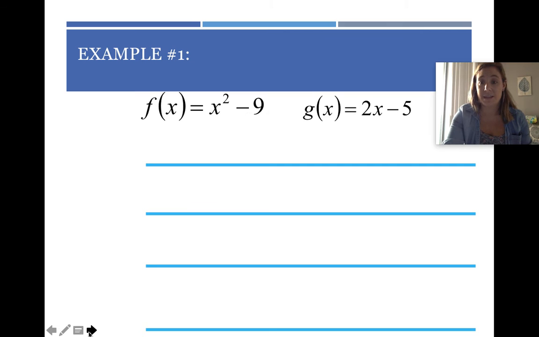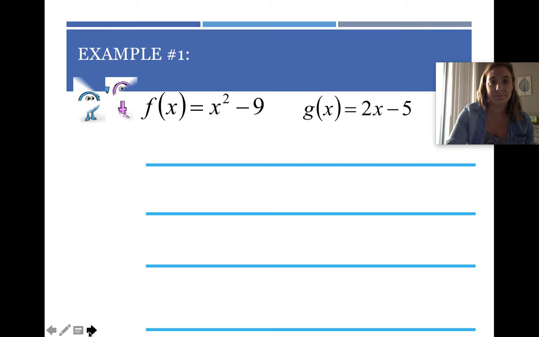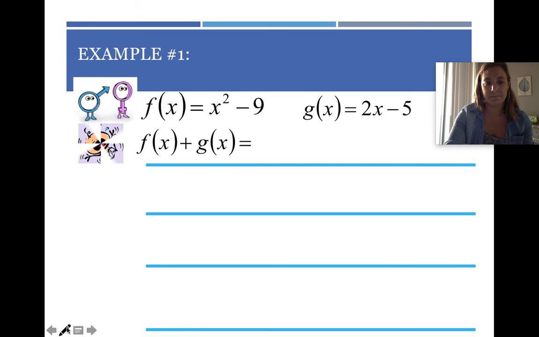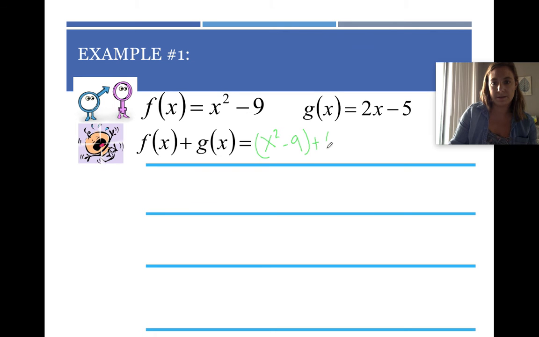So here we've got example 1. I've got f of x and g of x. Remember that function notation. When we put them together and we add them, what do we get? Here, let's show our setup. x squared minus 9 plus 2x minus 5.